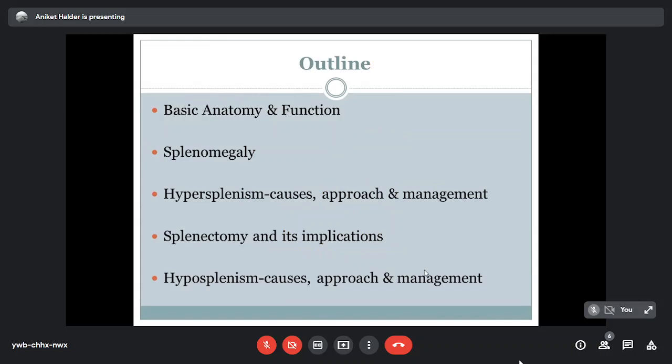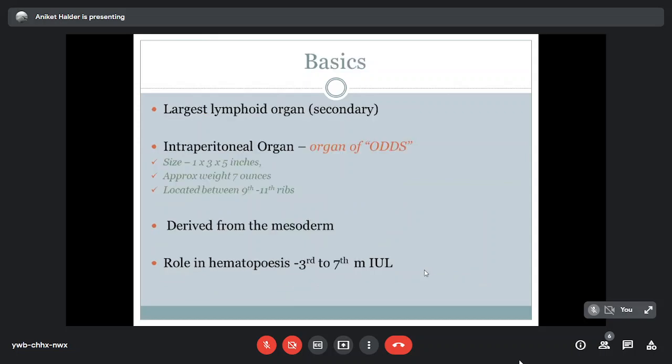The outline of this talk will be the basic anatomy and function of the spleen, splenomegaly and its causes, and the aspect of hypersplenism, which is the hyperfunctioning of the spleen, with its causes, approach, and management. Then the treatment of hypersplenism, the conditions where splenectomy is required and its implications, and finally hyposplenism, its causes, approach, and management.